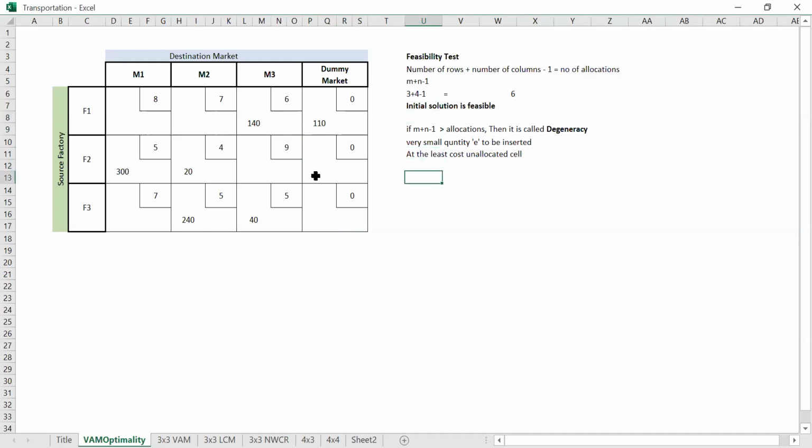We can proceed further to optimization. So in that, first, we have to start with assigning names for all these cells in the matrix. So instead of factories, let's call the rows U1, U2 and U3.